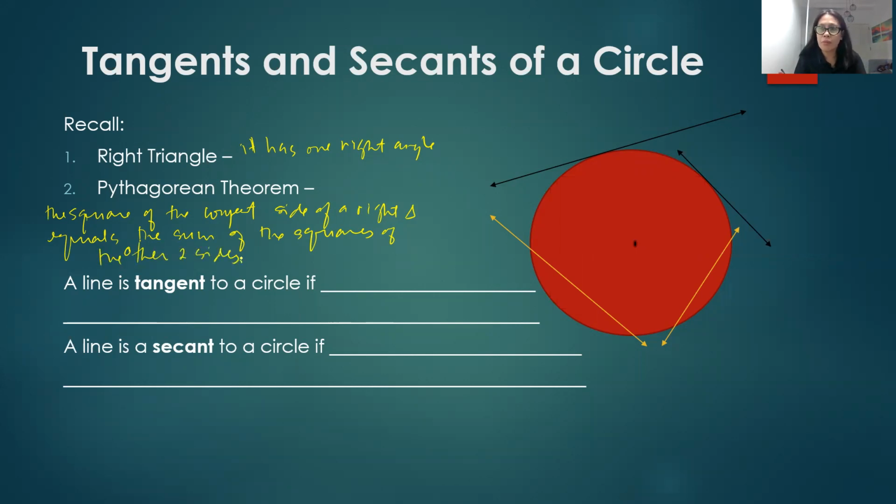So we can work on this theorem as we solve for the missing side of a right triangle.